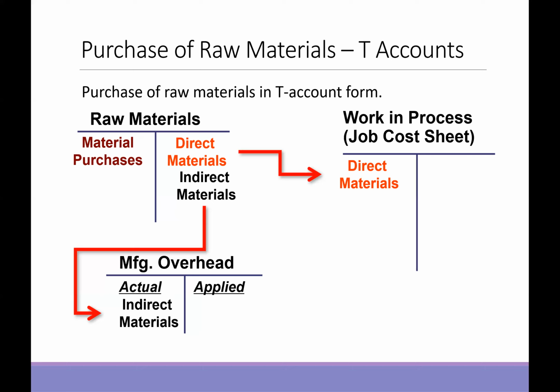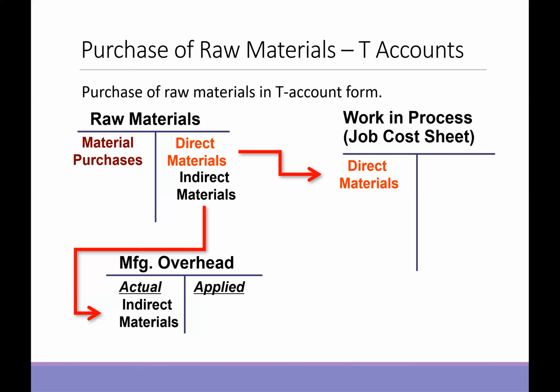Okay, now there will be some raw materials that aren't directly related to a particular job that will possibly be transferred into manufacturing overhead. They're needed, but they're not specifically earmarked for a job. So those items are going to all go into another inventory account that we call manufacturing overhead.